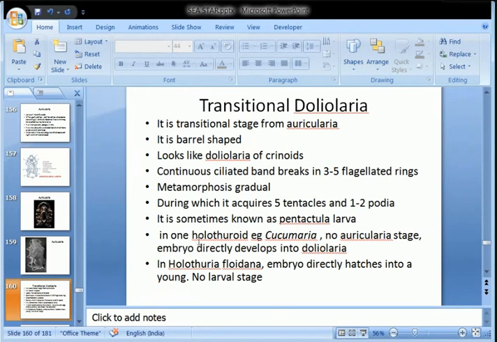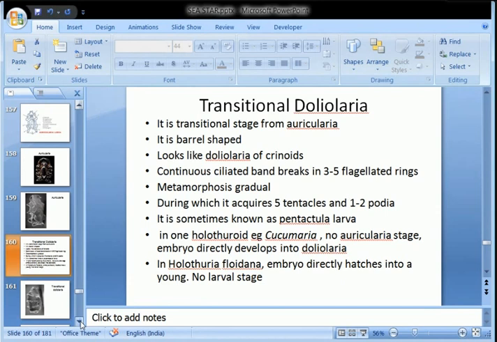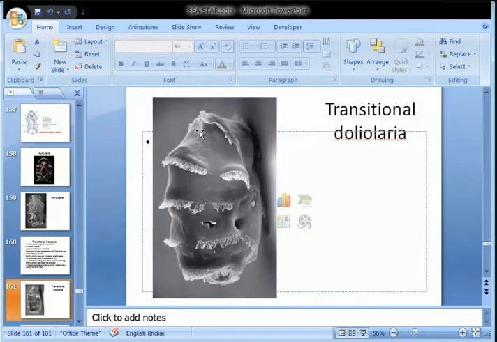The embryo directly develops into the doliolaria stage. In Holothuria, the embryo directly hatches into a young one, with no larval stage. So in some cases, in this particular class also, there is direct development. In the case of asteroidea also, in some cases, there is direct development, in which case no larval stages appear. So this is the transitional doliolaria larva.